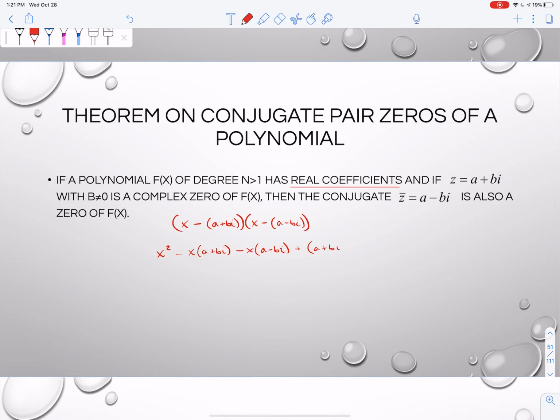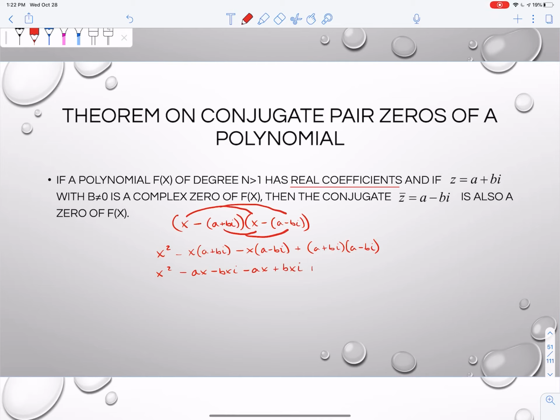Now if I distribute, I have x squared minus ax minus bxi, and then minus ax plus bxi.